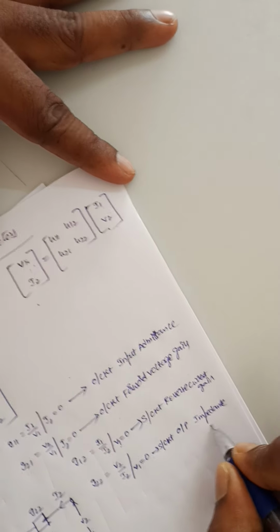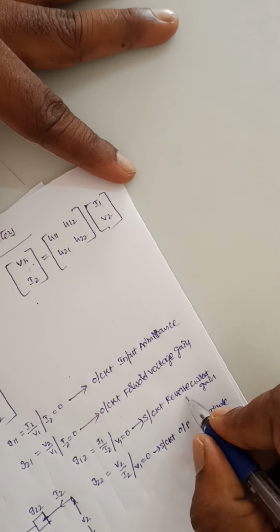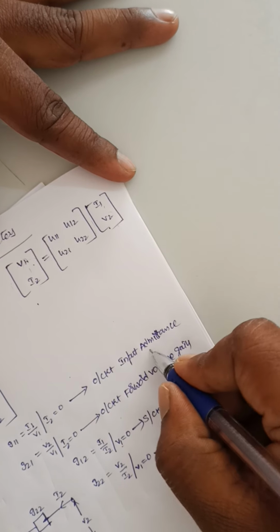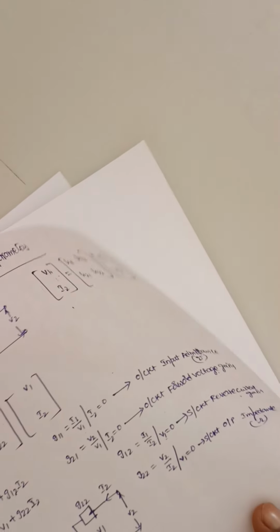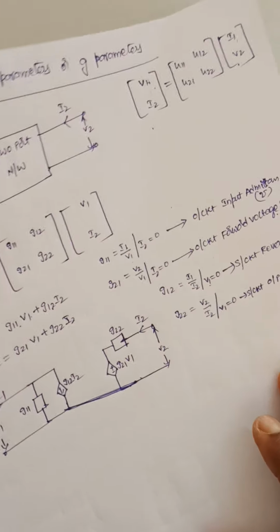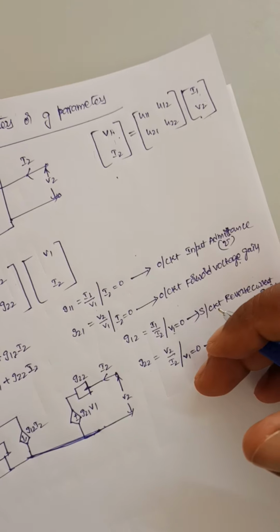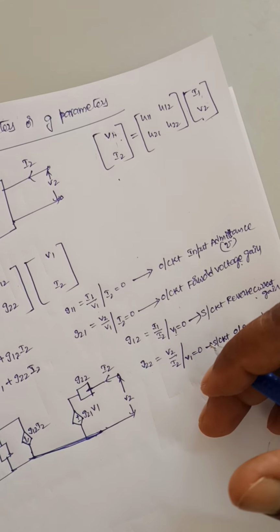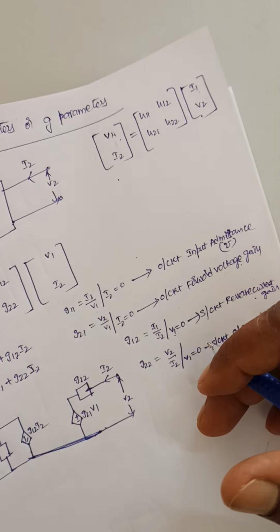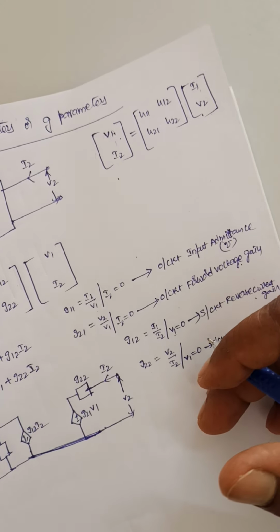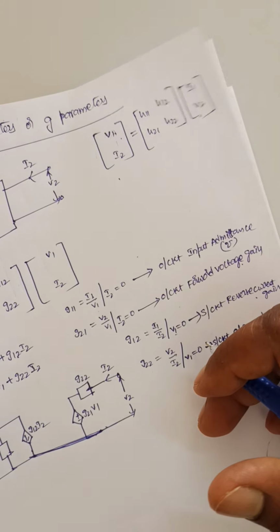The units for this are ohms. There are no units for the gains, but the units for G11 are mhos. Next, the conditions for reciprocity and symmetry can be derived similarly to the hybrid parameters.